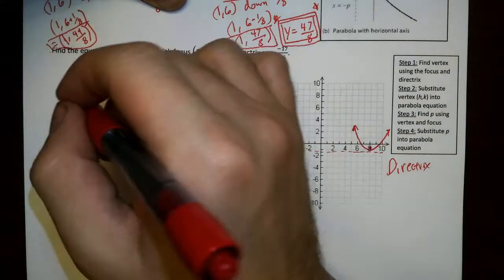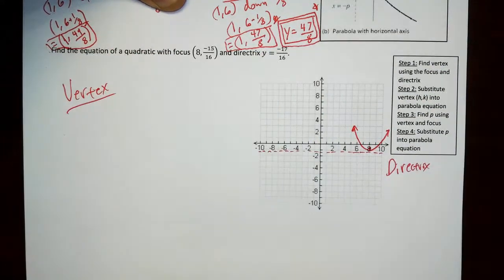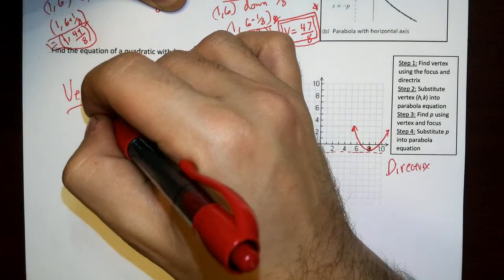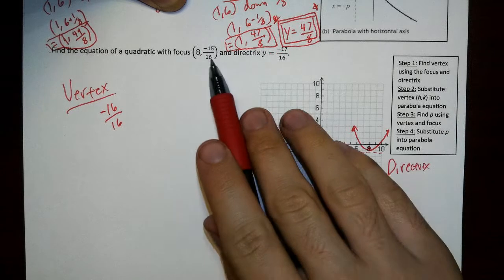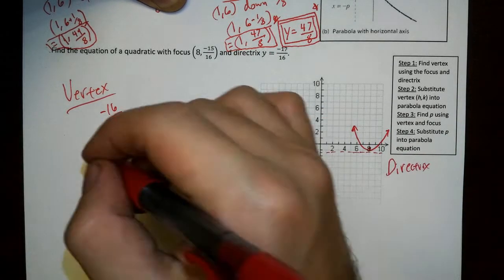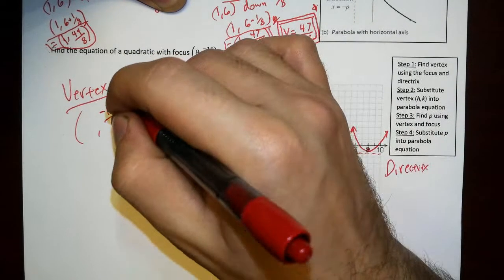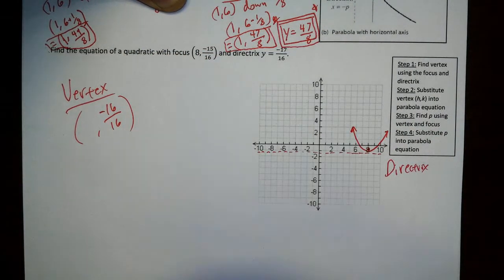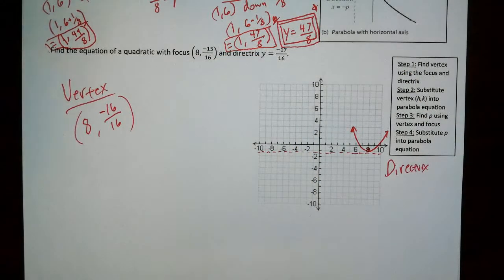So as far as our y is concerned, our vertex is negative 16 over 16. And what is our x value? Of course, it's the same as our focus, since the focus goes up, not over. So that's our vertex.